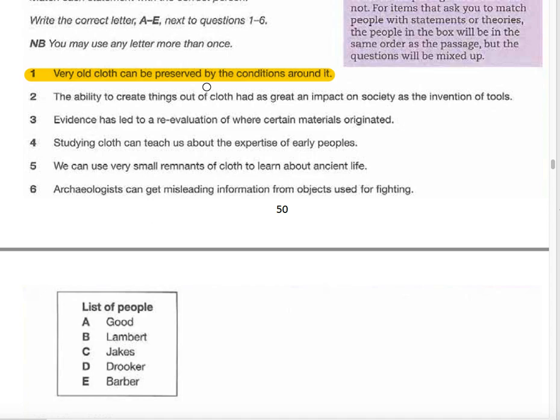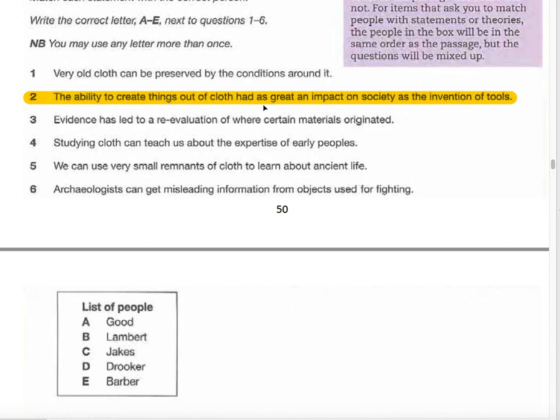Remember, if it's not in order, then we should read all the questions just to know. So number 2 says, the ability to create things out of cloth had as great an impact on society as the invention of tools. So when we were able to make clothing, or this invention had the same effect as when we made tools.